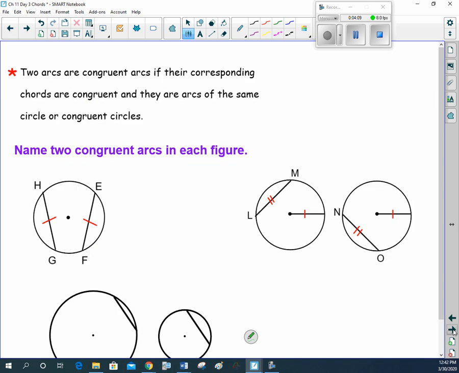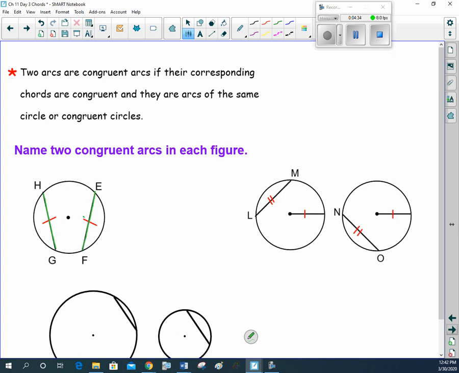All right, so now we're just going to learn some more theorems that deal with our circles. So the first one says 2 arcs are congruent arcs if their corresponding chords are congruent and they are arcs of the same circle or congruent circles. So what that means is right here, this circle on the left, this chord right here is the same length as this chord right here.